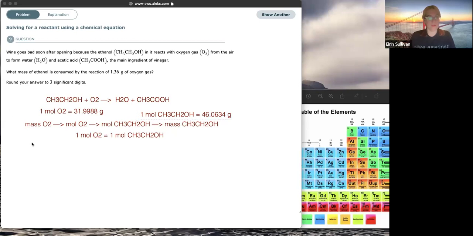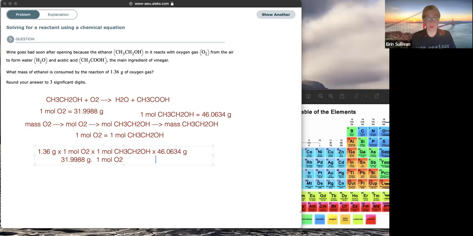Okay, so let's do it. 1.36 grams of oxygen, 1 mole of oxygen weighs 31.9988 grams. Okay, and then we want to convert moles of oxygen to moles of ethanol. I know it's 1 to 1. Put it in anyway because we're still converting the units. Get in the habit of doing it every time, and then you won't screw it up by forgetting to do it.